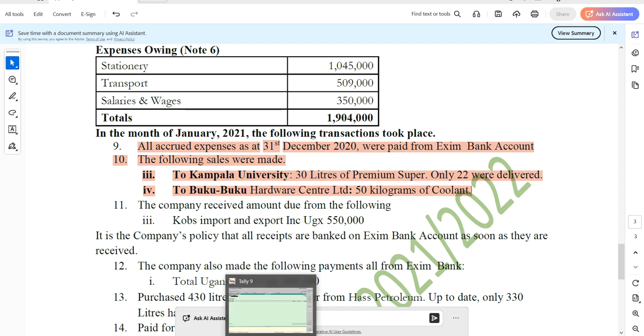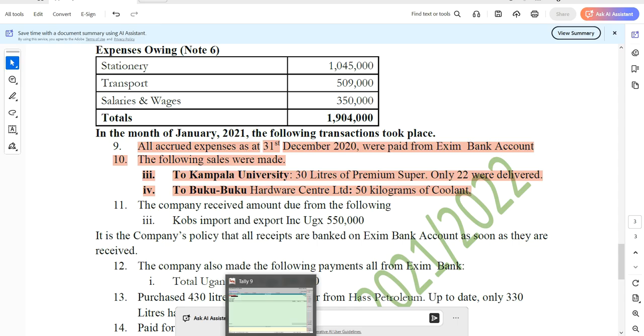I think when it comes to that sale, there is a mistake. We are supposed to only consider the 22 that were delivered, and I've entered the 30.